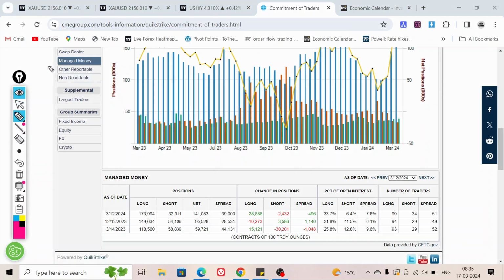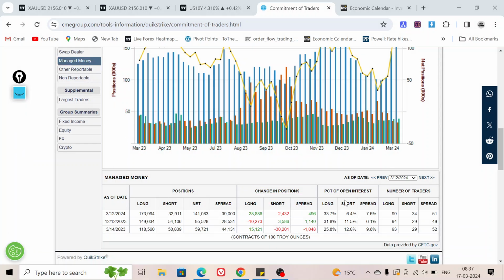If we check the positions of the managed money from the COT report for this particular week, you can see that in the change in position column, the managed money is still adding to longs and decreasing their short positions. This week they again added a big number, 28,888. So this is an increase in net long positions, and they are decreasing their short positions.